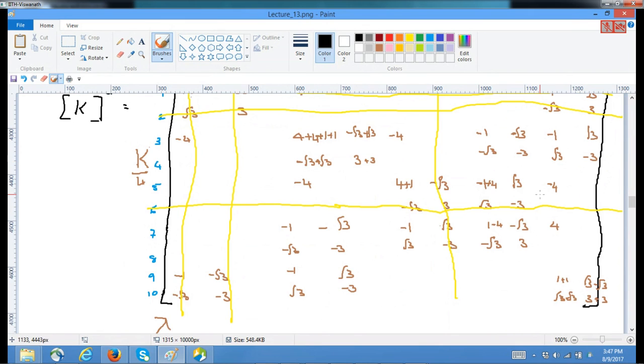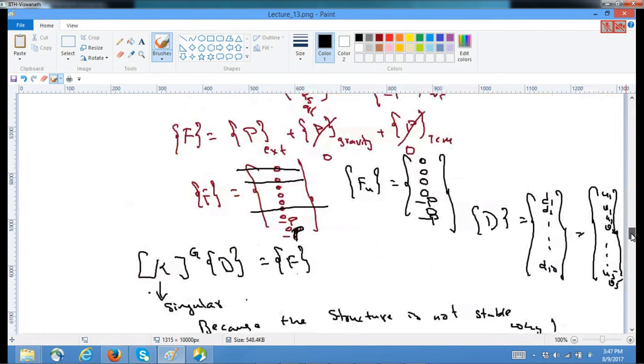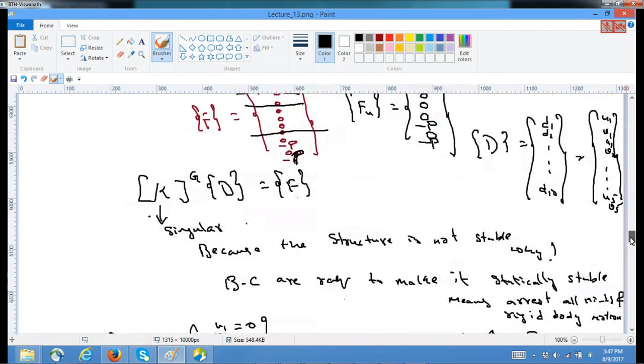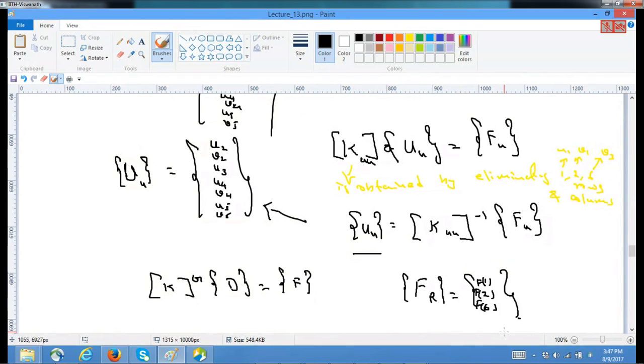Correspondingly, you just take that and you will get your Kuu. And this Kuu represents a constrained stiffness, so it can be inverted. That means Kuu inverse exists. However, earlier KG inverse doesn't exist because the rigid body motions are not constrained. So KG inverse doesn't exist, but Kuu inverse exists.